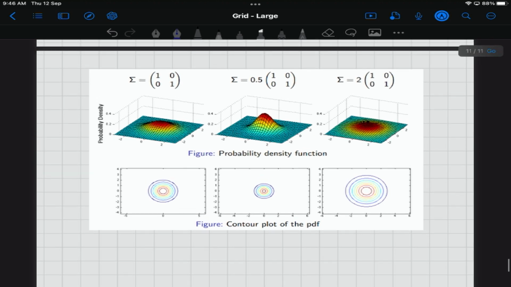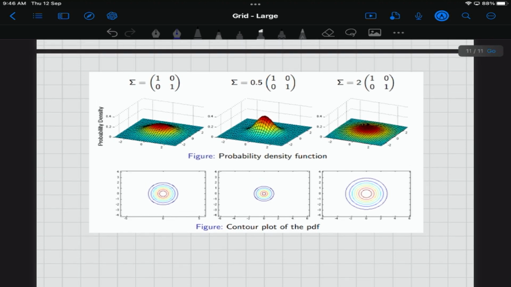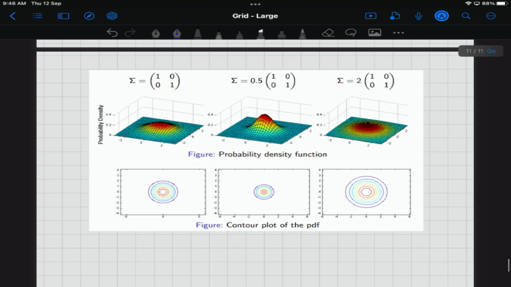If you have a diagonal matrix, the variance along the components can be the same or different, and it will actually reflect in your contour plots.